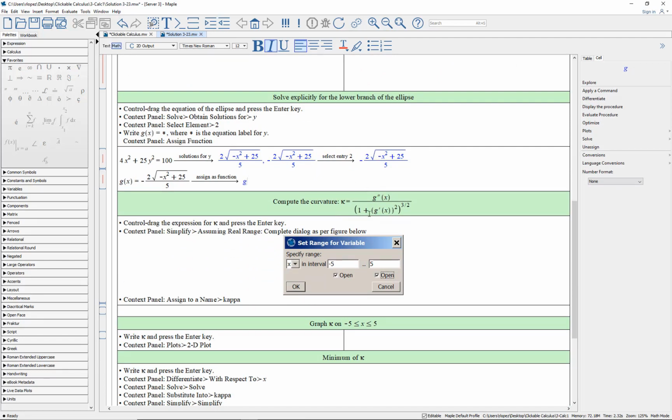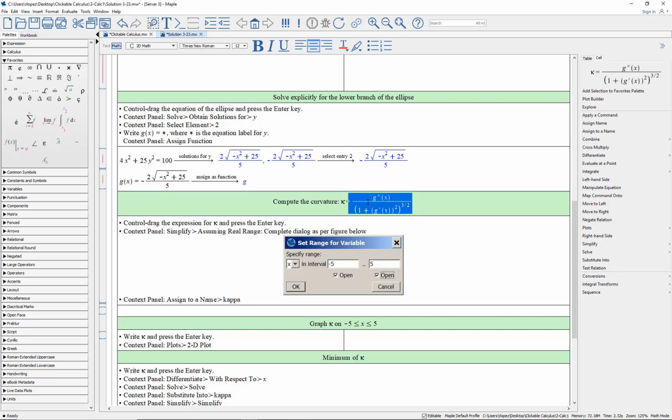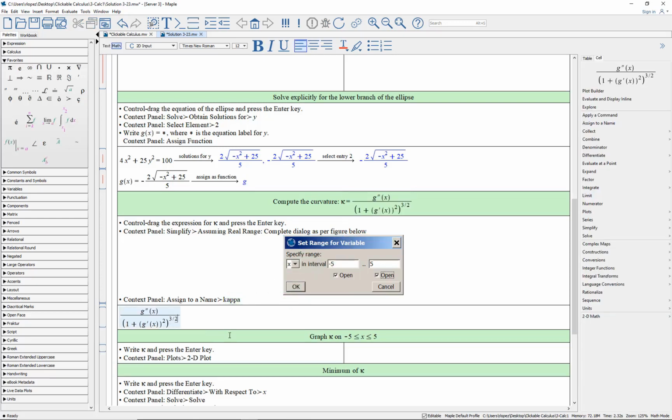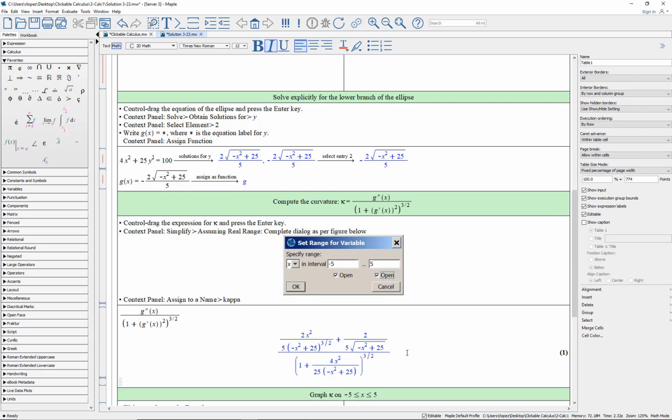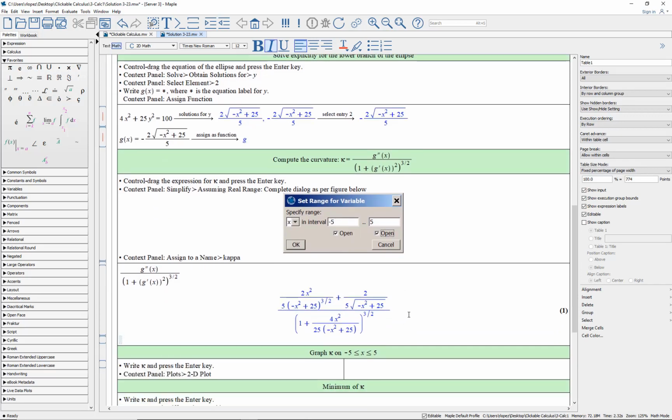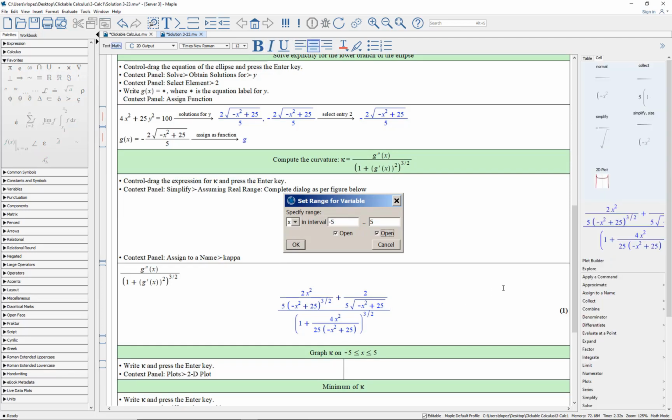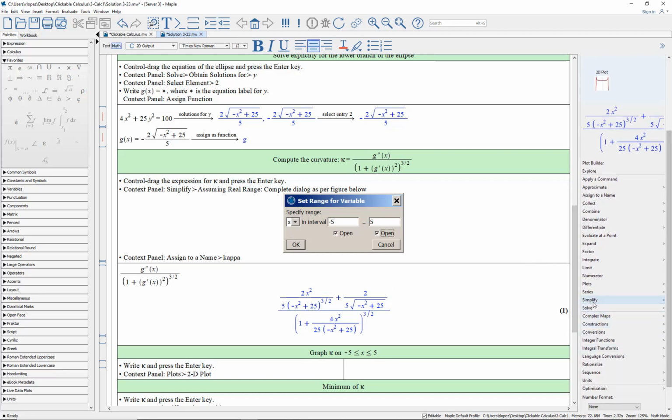I've rewritten the curvature in terms of g without absolute values. So let me grab this, drag it down, press the enter key. There's the curvature. It's clearly in need of a simplification. So I go here to simplify, a variety of ways to simplify.